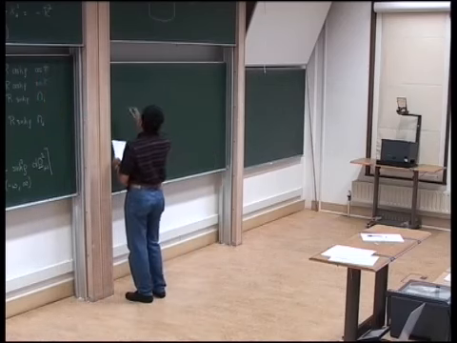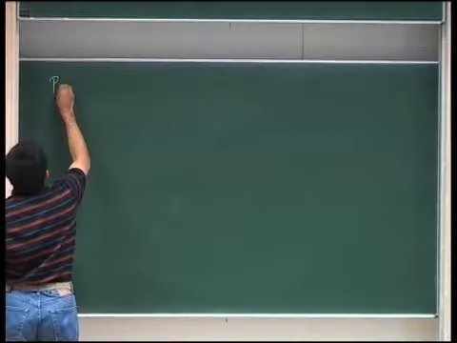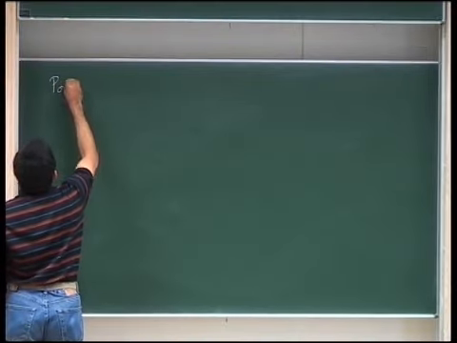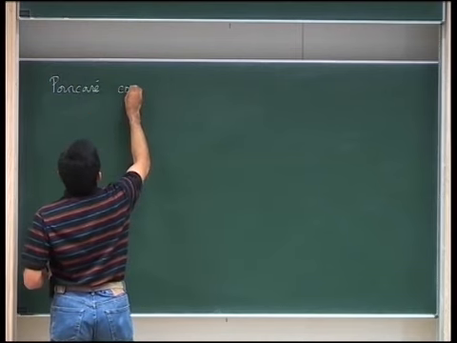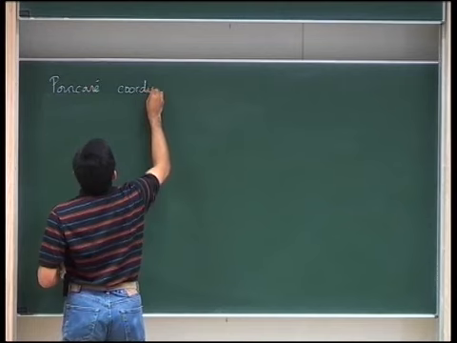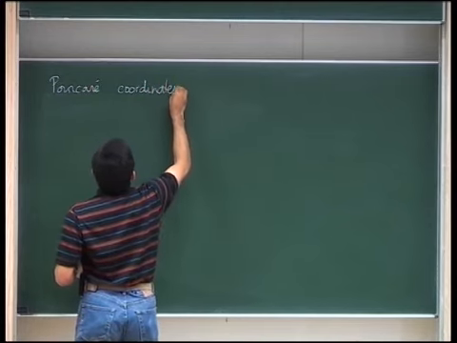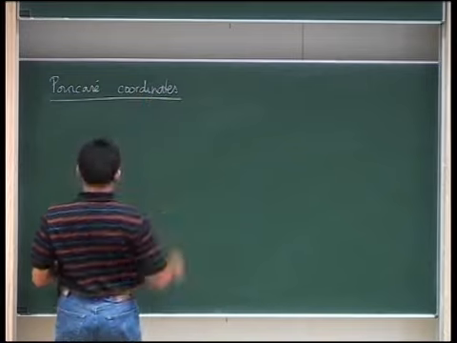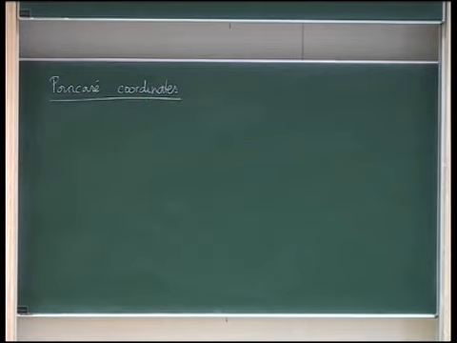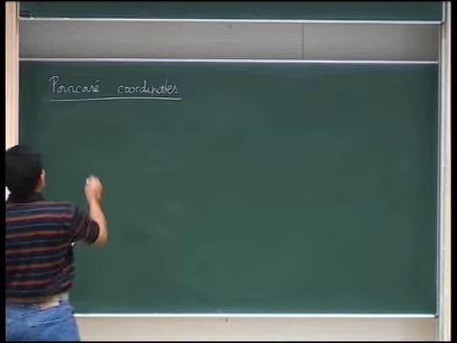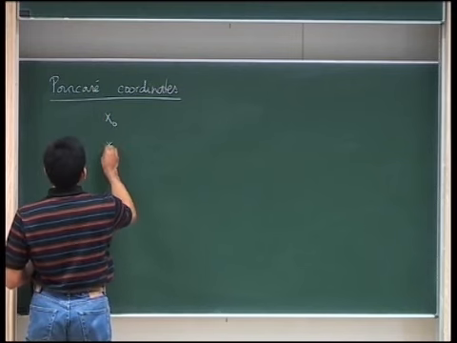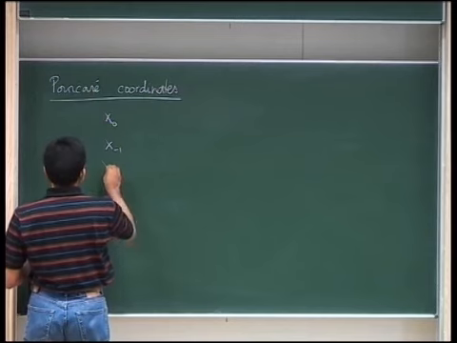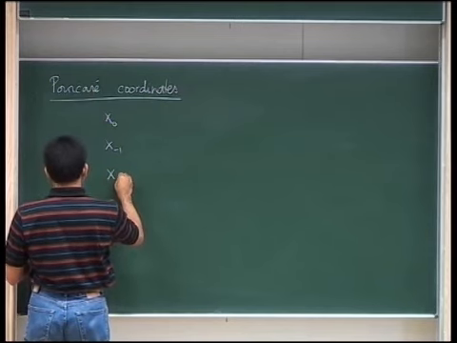So the coordinates you were seeing yesterday, or the 2 sets of coordinates you were seeing yesterday, are typically referred to as Poincare coordinates, and these you can obtain by the following solution to the embedding equation.